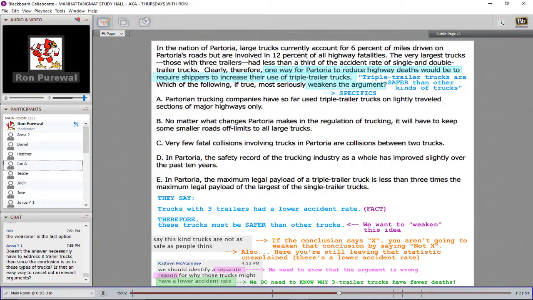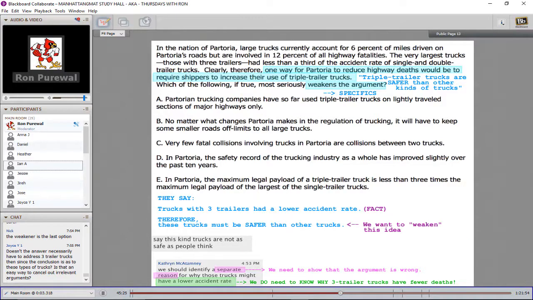So, as Joyce says, we have to explain for those specific types of trucks. Yes, we do. So if you think about it, what are some possible reasons why this might happen?